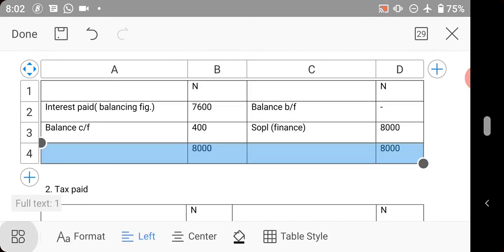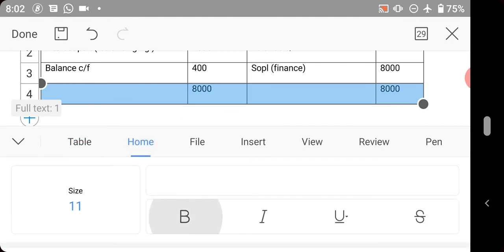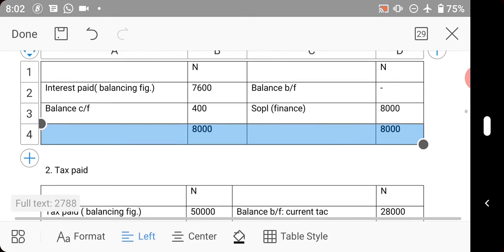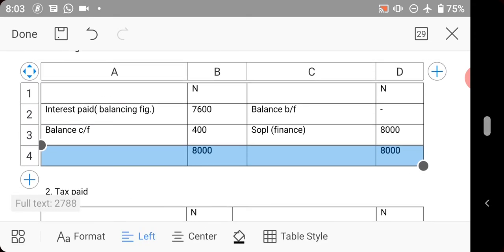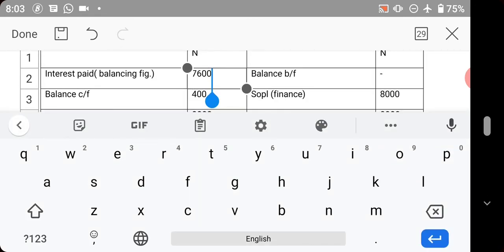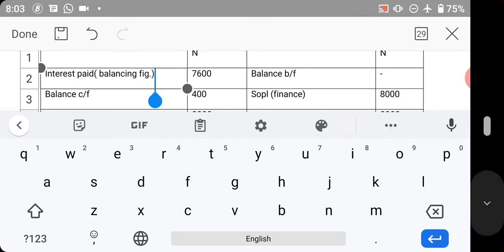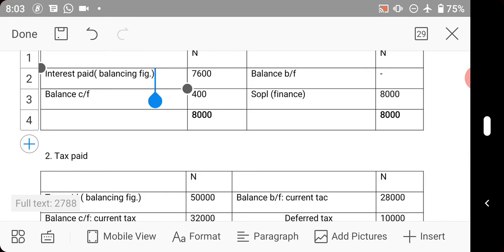Since the two sides must be equal, we calm down and find the difference. So the balancing figure will be 8,000 minus 400, which gives you 7,600. That is the balancing figure. This is interest paid, and this interest paid will be treated in operating activity.